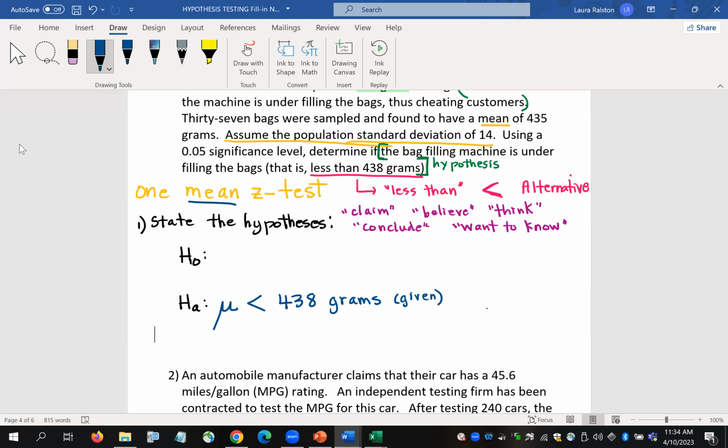I know that the null and the alternative have to be exact opposites, and that the null must contain equal. So if the alternative is less than, then my null has to be greater than or equal to that same amount of 438 grams. You always pair greater than or equal to with less than.